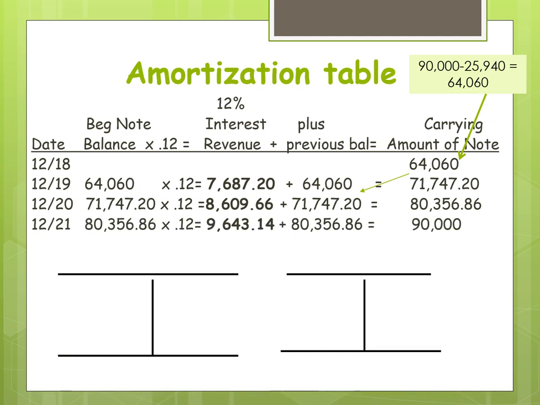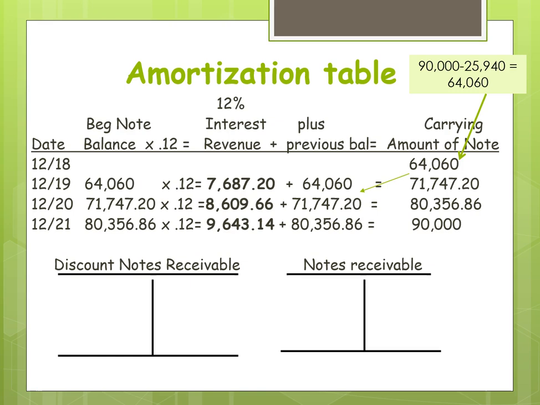We now end up with a balance of $80,356.86, and then we do our last payment, where we look to see what the actual remaining balance in the discount account is, and that's the number we would use. So if we were to look at this in the accounts, it would look like this.